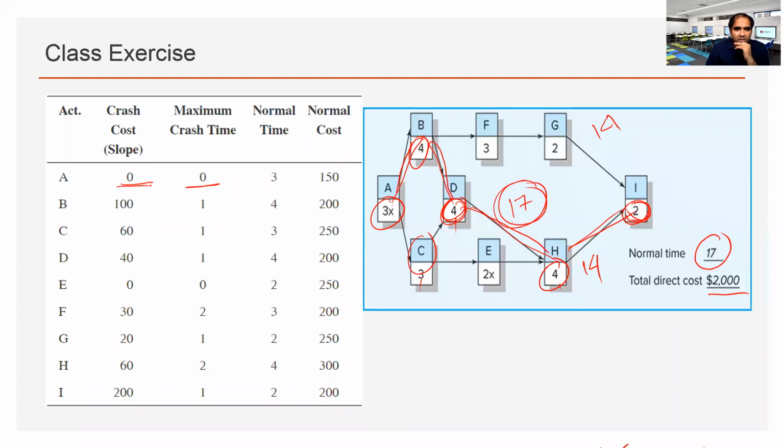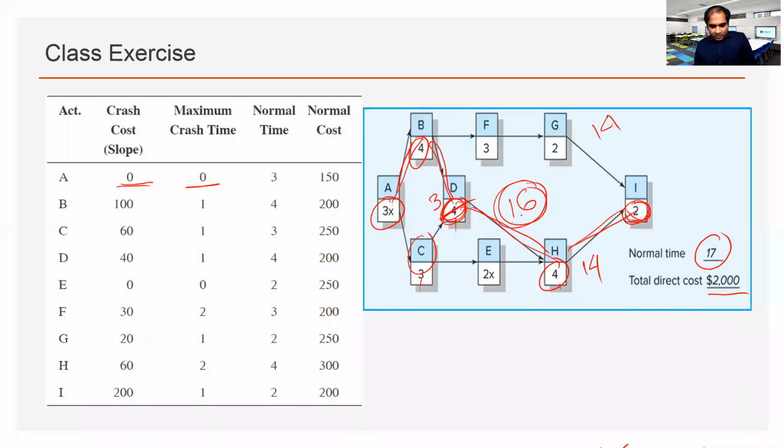H for 60, B for 100, D for 40. That's right, D. So now the first activity that you can crash is D by 1 day. This will be now 3 days, and the duration will be 16.